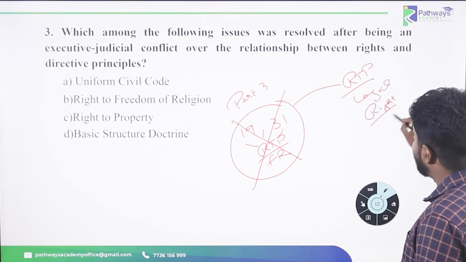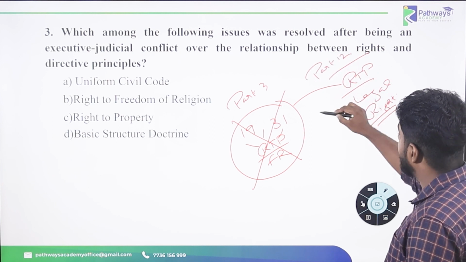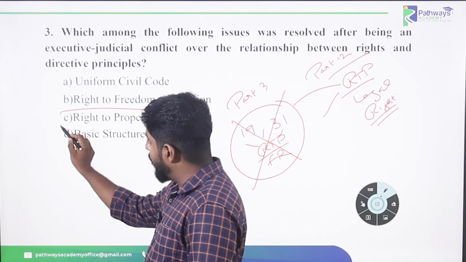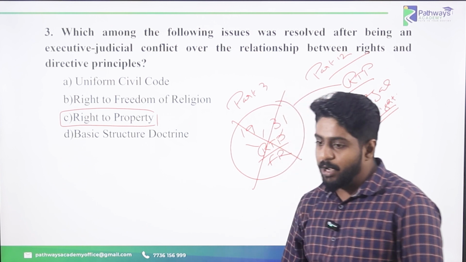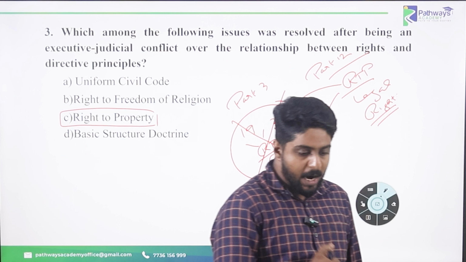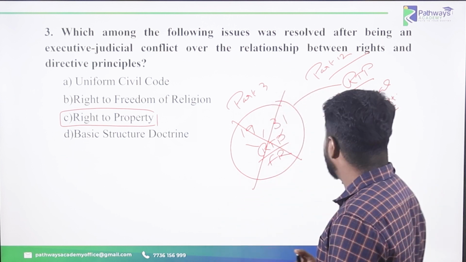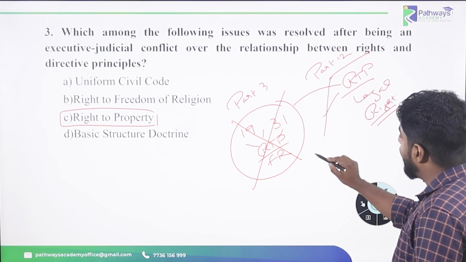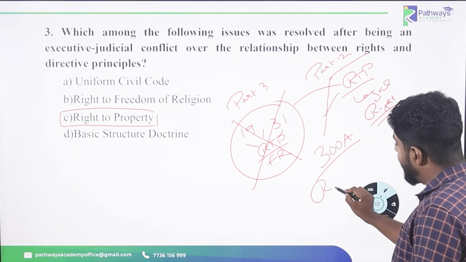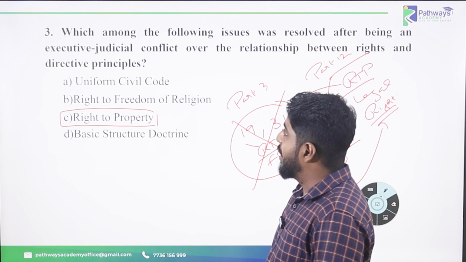It is just a legal right under part 12 of the Indian Constitution. Very good. So right to property was omitted from part 3 and was put in part 12 under article 300A. Now right to property is just a legal right. It is no more a fundamental right.